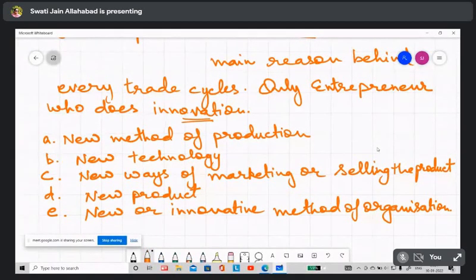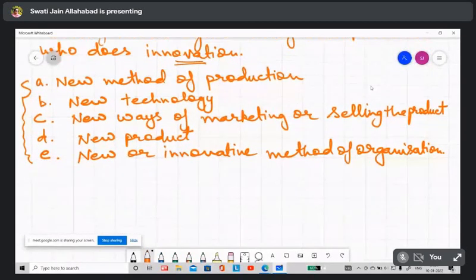Right? So that's how Schumpeter is defining innovation. So if any of these things take place in the economy, this creates business cycles, or this creates a boom and burst in the economy.